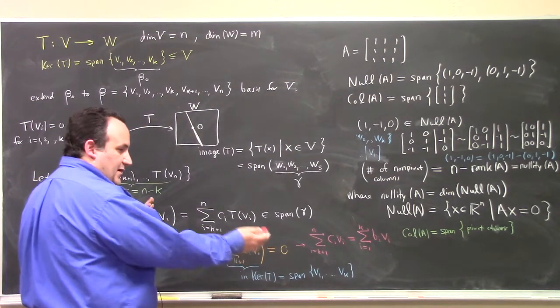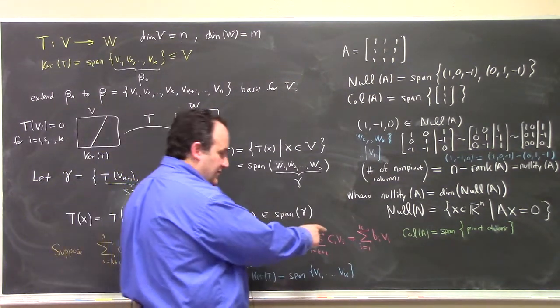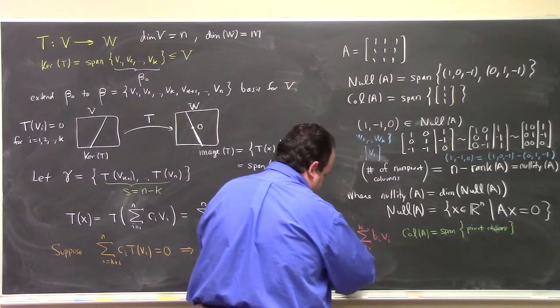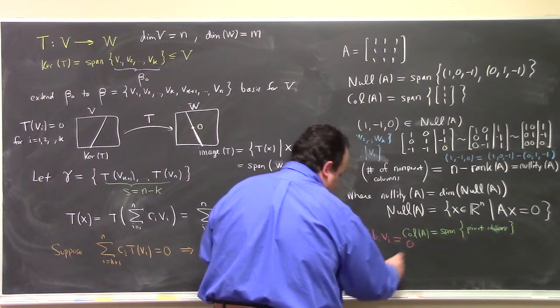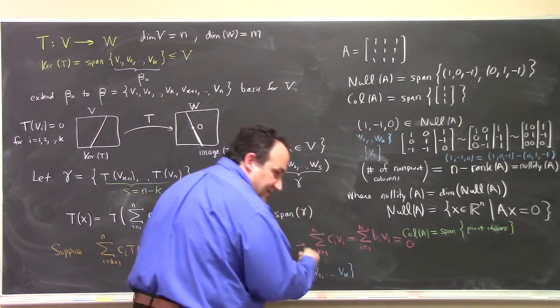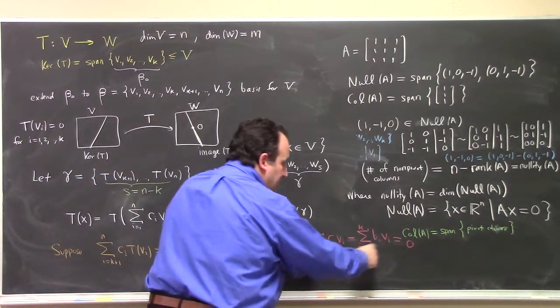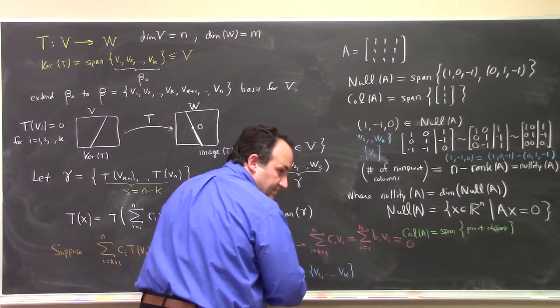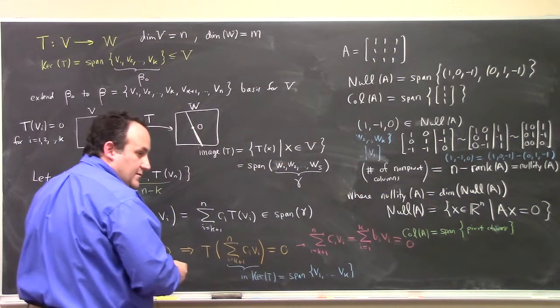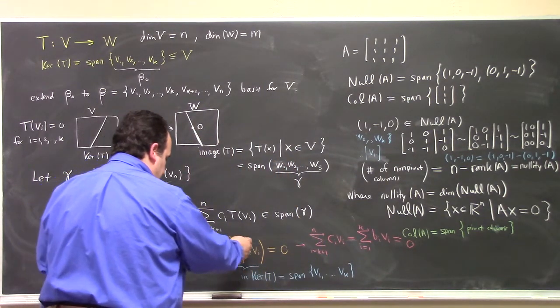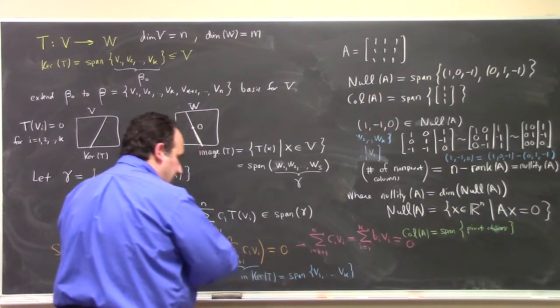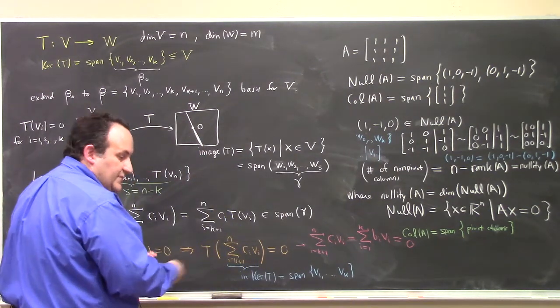But you can just take this equation, erase this equals, turn it into a minus, set it equal to 0. And then by linear independence of the basis, that implies all of the coefficients are 0. Therefore, c1 through ck plus 1 through cn are 0, which is what we wanted to show.